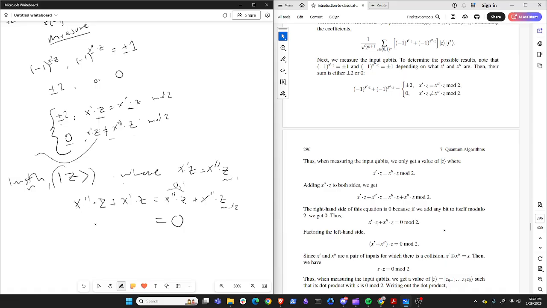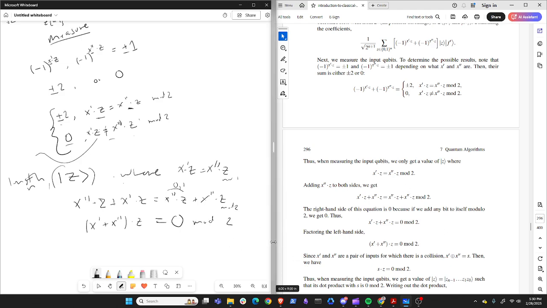Factoring the left hand side, I wind up with x prime plus x double prime dot product with z equals 0, quote unquote mod 2.